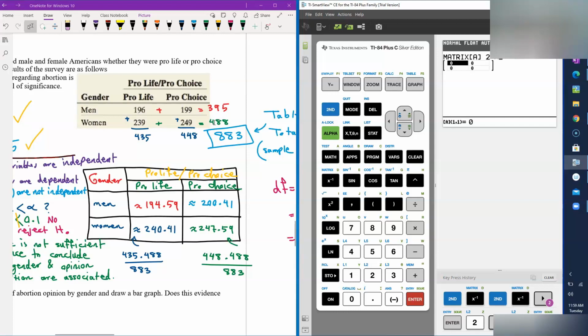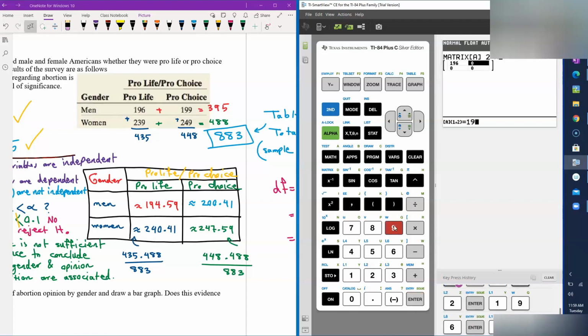And enter these numbers that are given: 196, 239, 199, 249. So 196 is the first one. Now here the second is 199. Here for women pro-life is 239. And here 249.